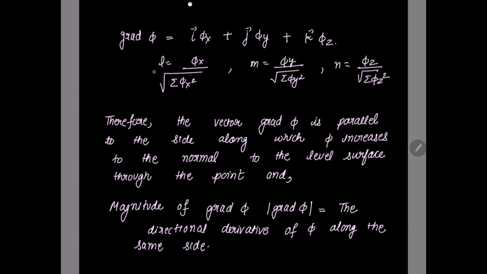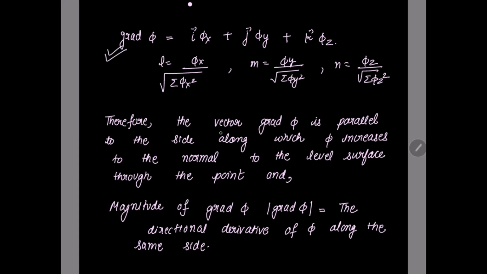So the direction cosines of grad phi are the same as the direction cosines of the normal which we have drawn, a normal which is perpendicular to the level surface. So whenever you need to find the vector normal to the level surface, you just need to calculate grad phi for that.